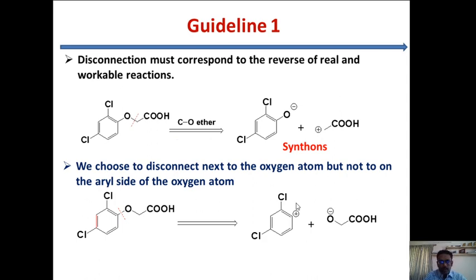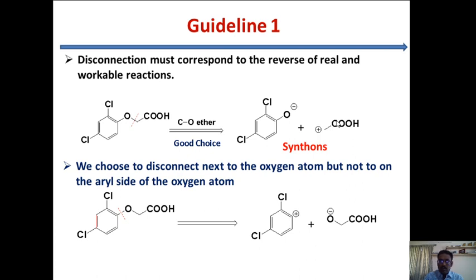So why are we not selecting that? If you are breaking the oxygen-alkyl bond, you can easily form that bond when you do the forward reaction, because it involves a known nucleophile and electrophile.